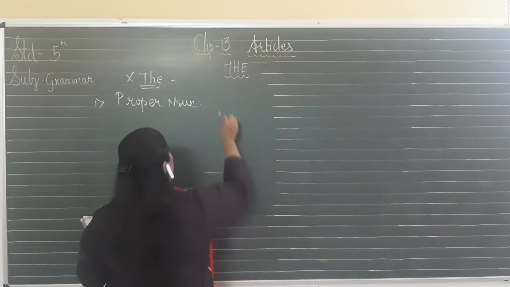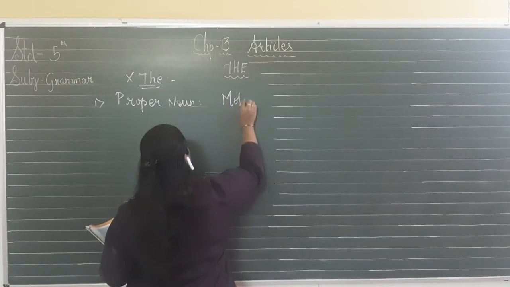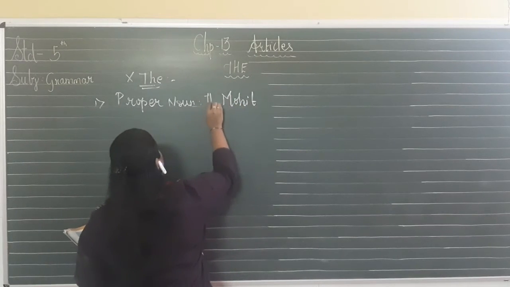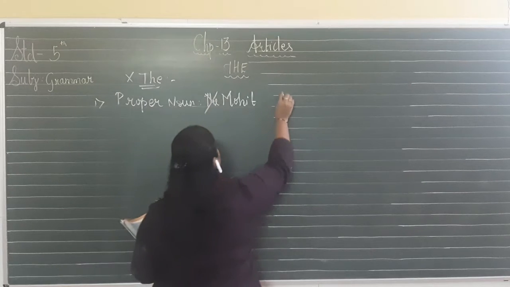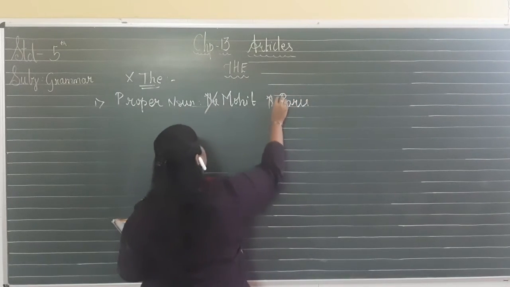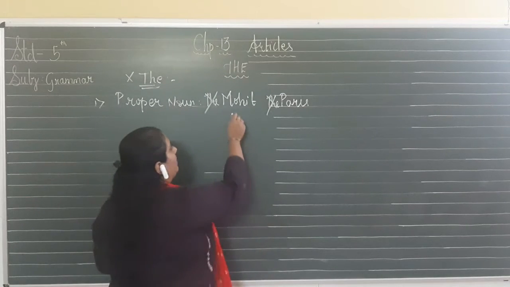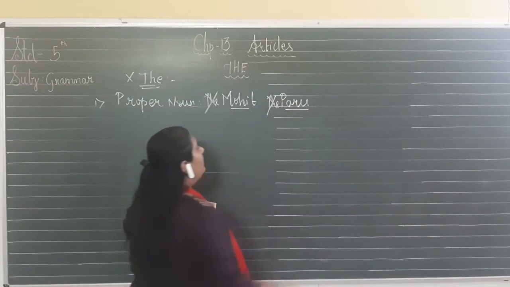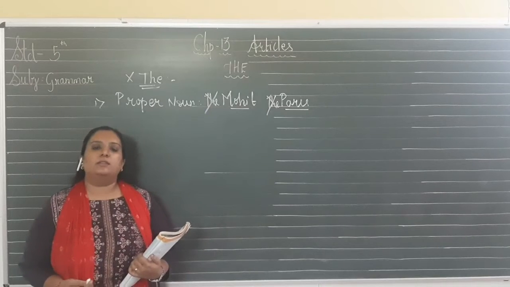For example, Mohit. I cannot say the Mohit. For example, Paris. I cannot say the Paris. So whenever there is a name of a person or place, we cannot insert article the.